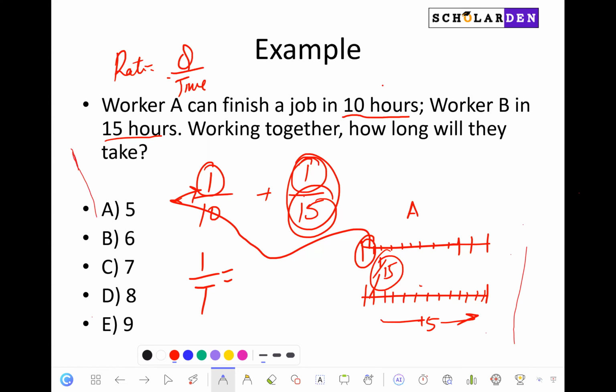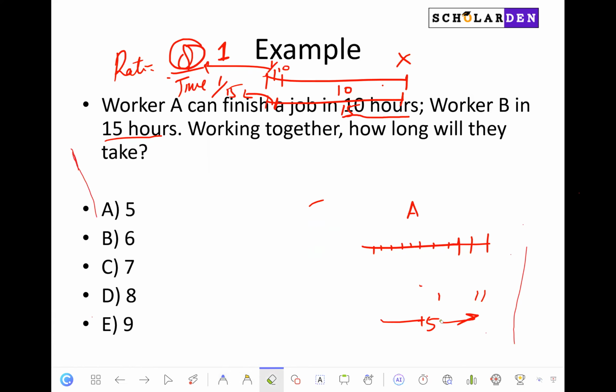So what we do is we say that instead of this entire quantity, what is it going to take for a fraction of this quantity to be worked? If the total was X, and worker A was doing that in 10 hours, so this is 1/10. And for worker B, the same is going to have 15 different units, and one unit is going to be 1/15.